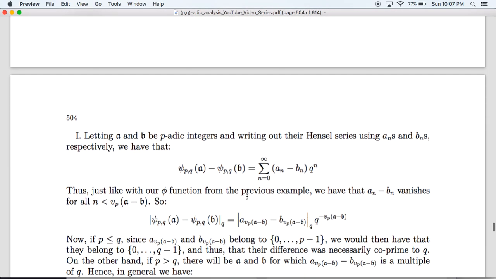The proof. So the proof is almost exactly like what we did with our weird differentiable function, except here we have to take into account the q-adic absolute value.